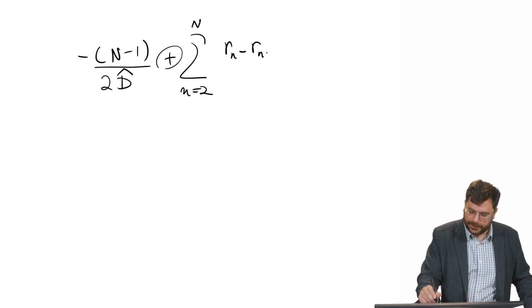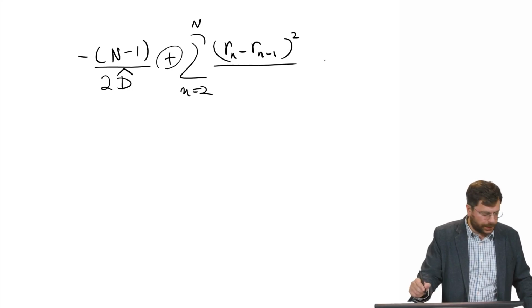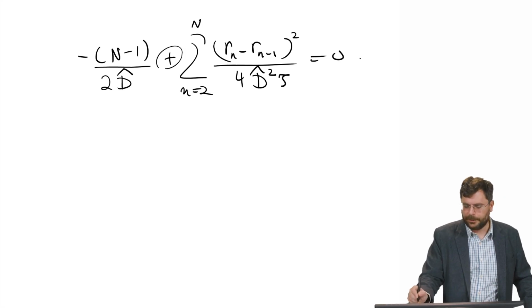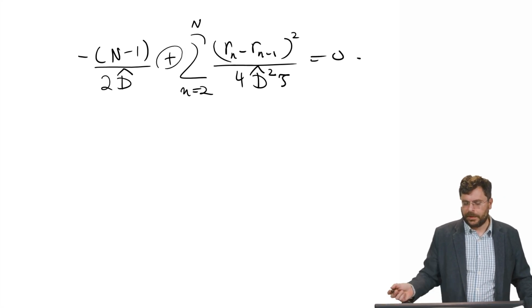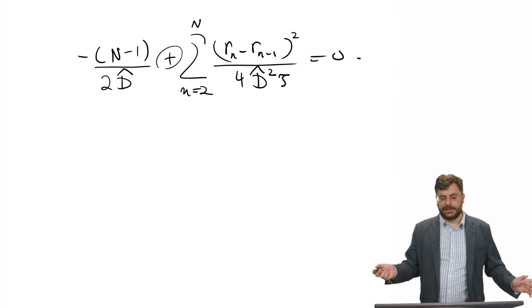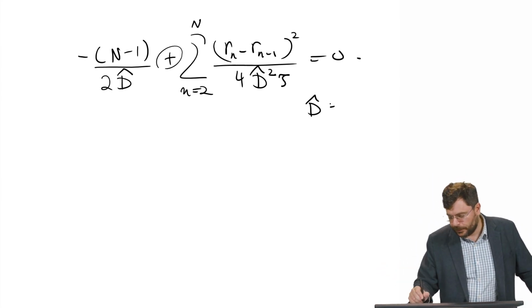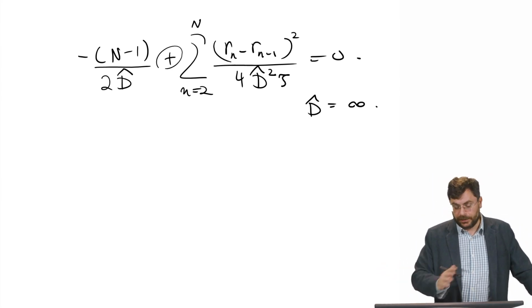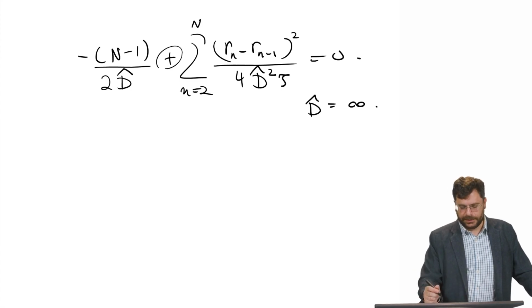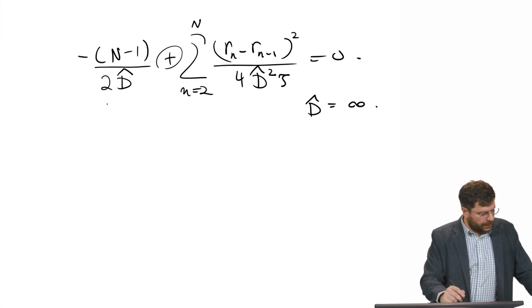Rn minus 1 squared divided by 4d squared tau equals 0. So obviously one possible solution to this equation is that d is infinity. But that's the trivial solution. There's the other solution where d is not infinity, where at this point I can now solve.